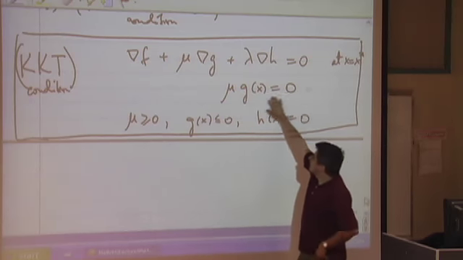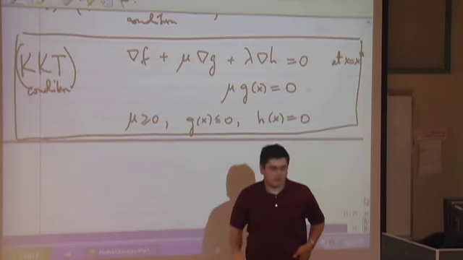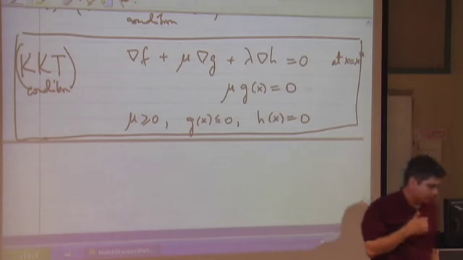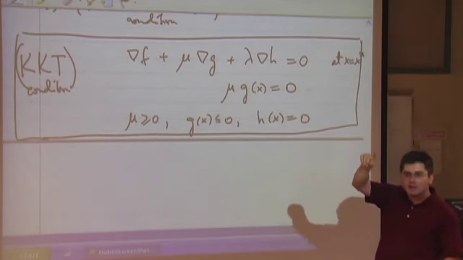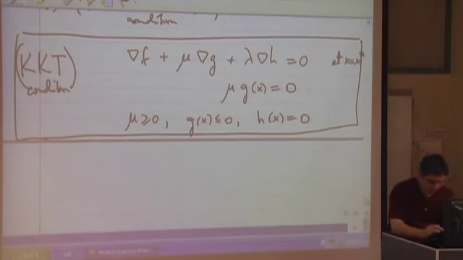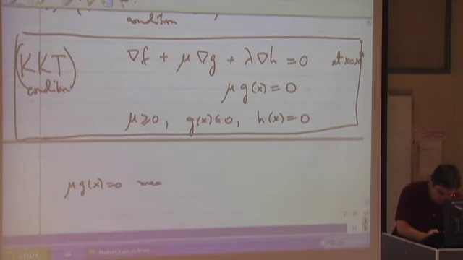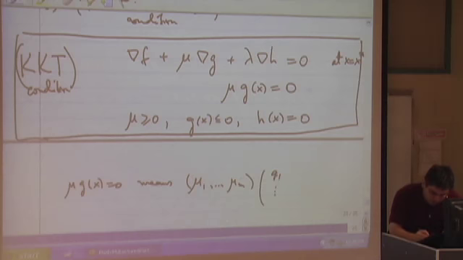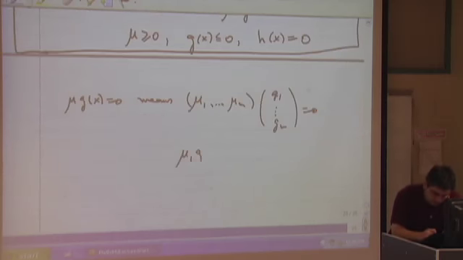So why is this mu times g equals 0? Well, g is m components, right? So basically mu times g equals 0 means mu1 through mu m times g1 through g m equals 0, which means mu1 g1 plus ... plus mu m g m equals 0, right?